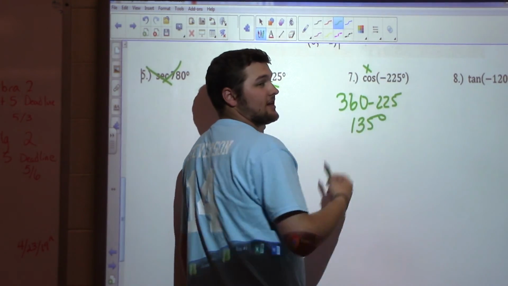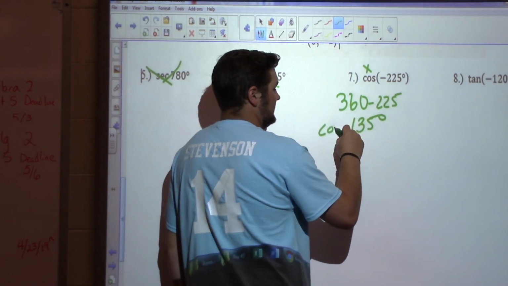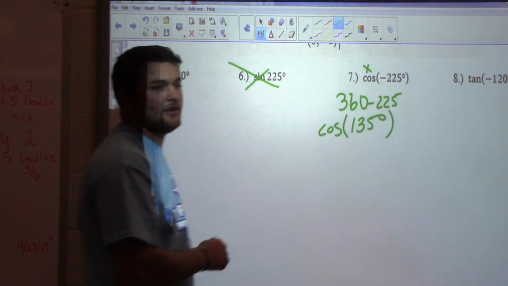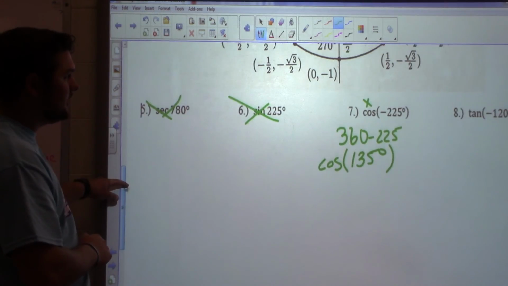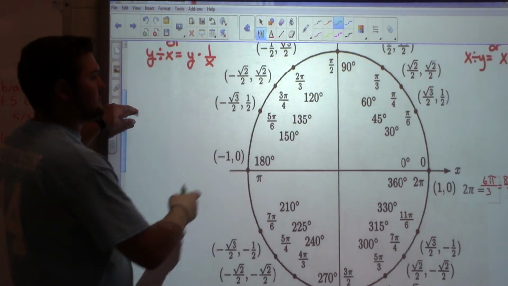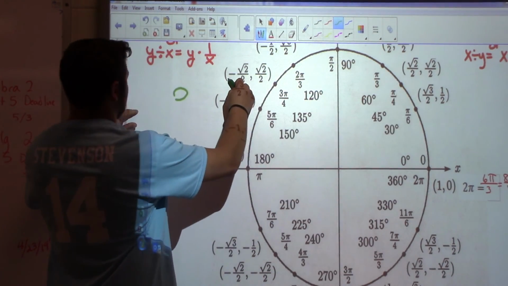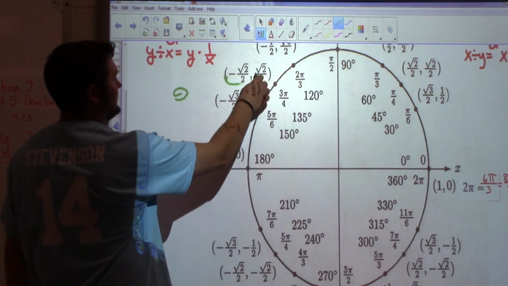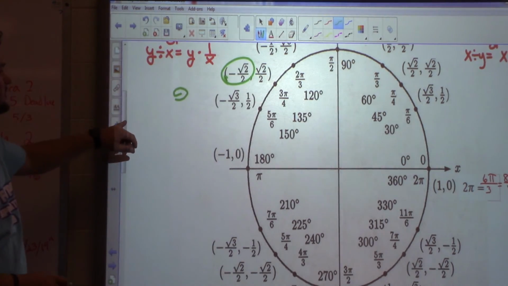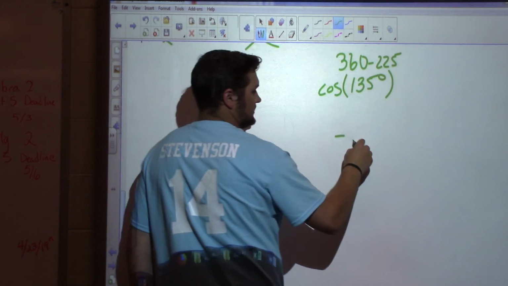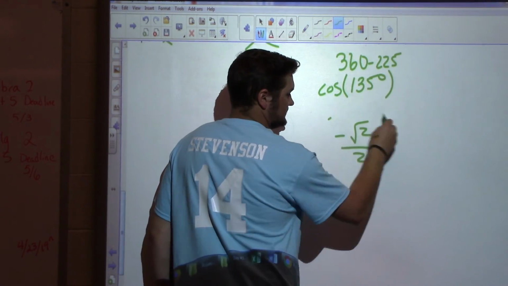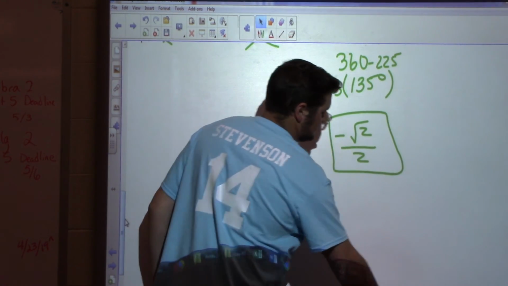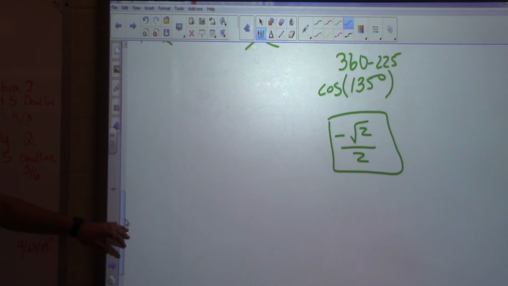So instead of looking for cosine of negative 225, I'm going to look for cosine of 135 degrees. So the x value at 135 degrees is negative square root of 2 over 2. Does that make sense? Yes.